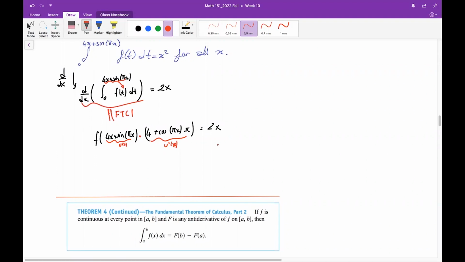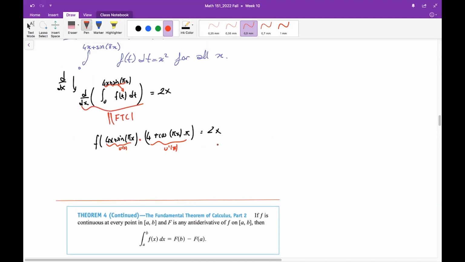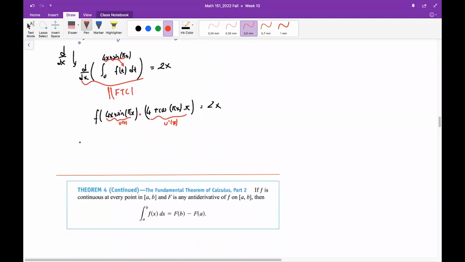Now we can try to insert some point to obtain f(5). So the crucial point is this one, 3 over 2. If you insert 3 over 2, let's see what happens. 4 times 3 over 2 plus sine of 3 pi over 2, times 4 plus cosine 3 pi over 2 times pi, equals 2 times this.